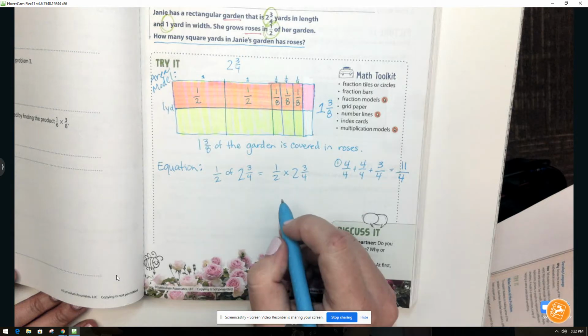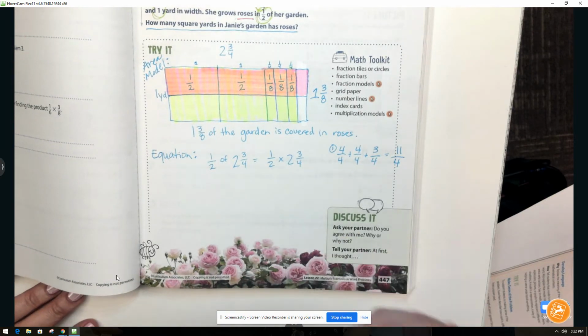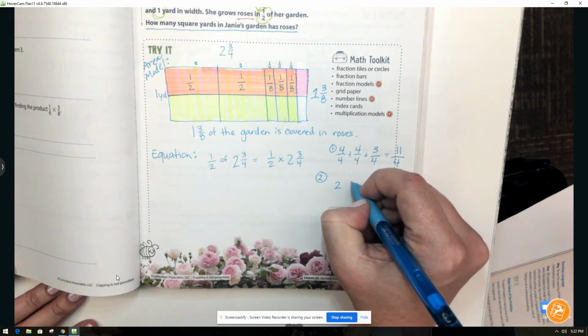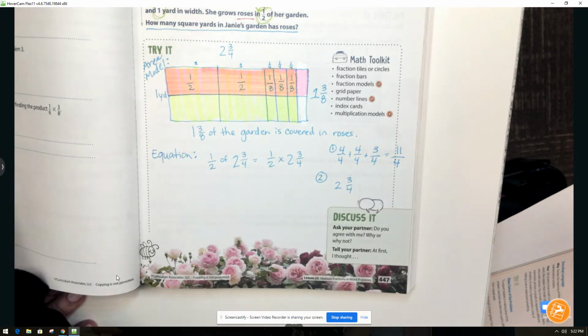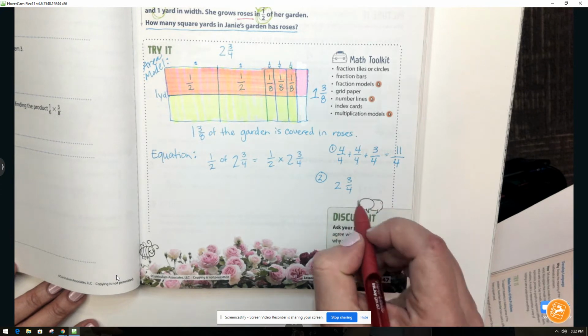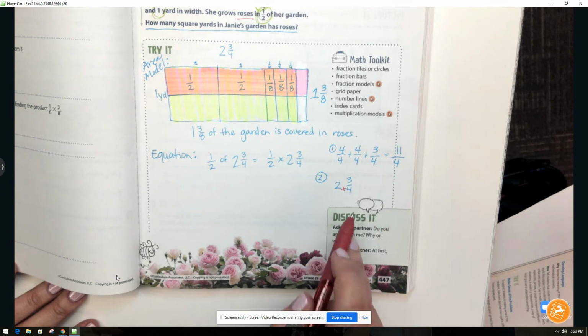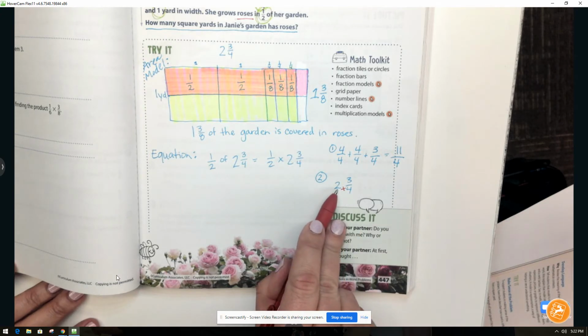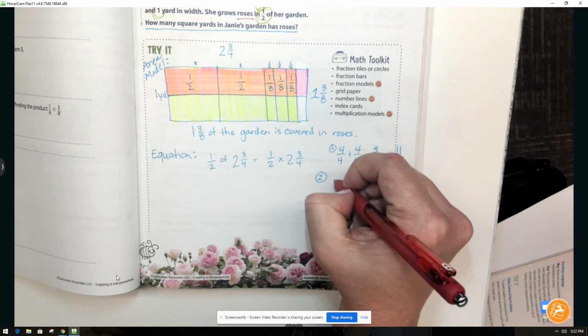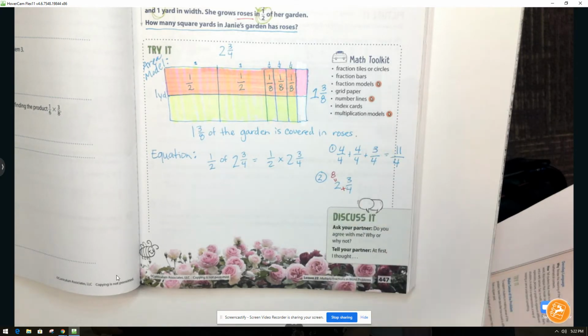And then our denominator stays the same. That's one method. In my opinion, a simpler method is this. If we have 2 3/4, you start with your denominator and multiply your denominator times your whole number, which equals 8.